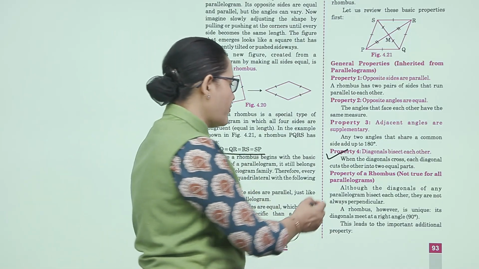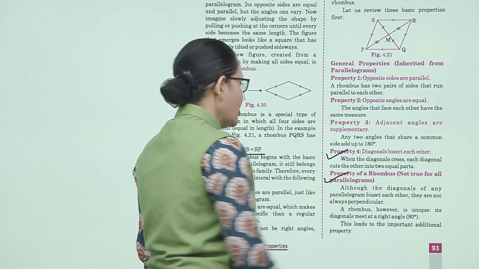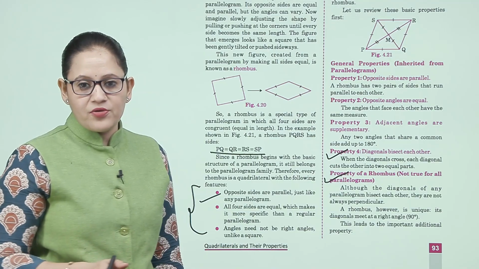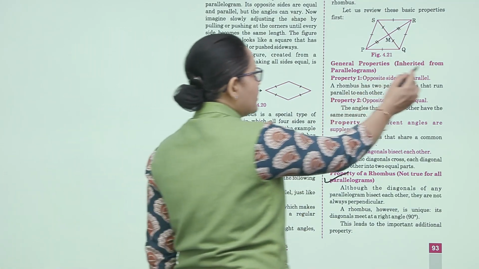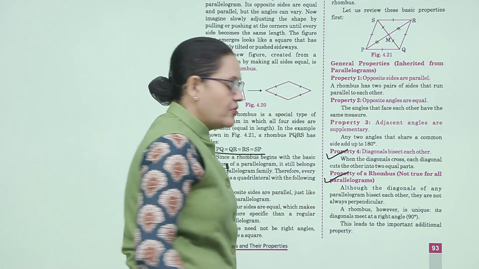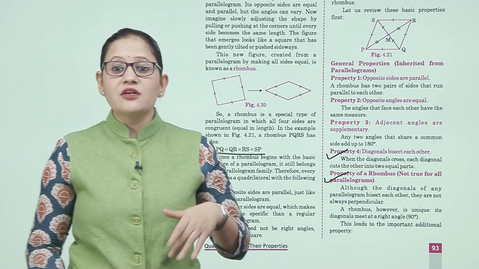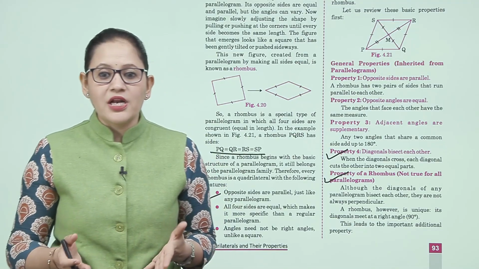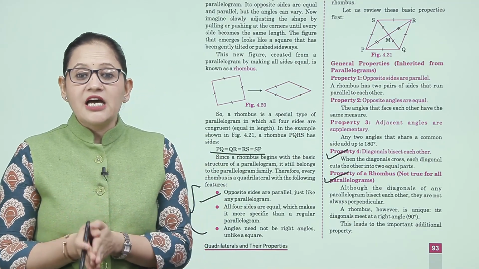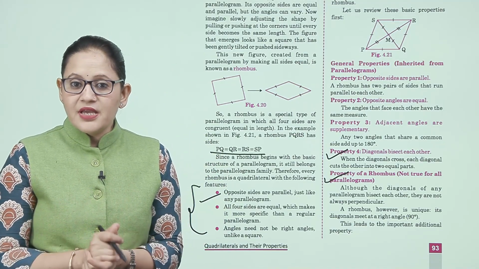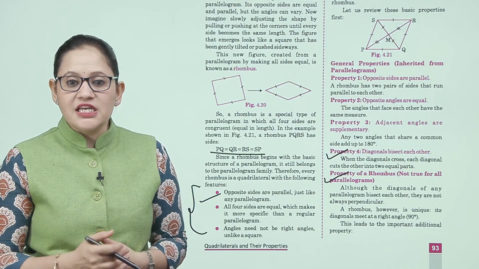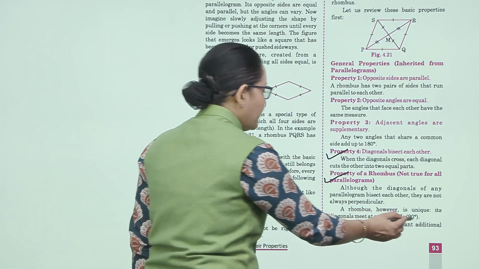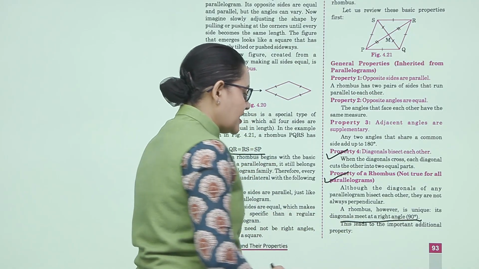Now, properties of a rhombus not true for all parallelograms. Although the diagonals of any parallelogram bisect each other, they are not always perpendicular. The rhombus, however, is unique. Its diagonals meet at right angles, meaning 90 degrees.